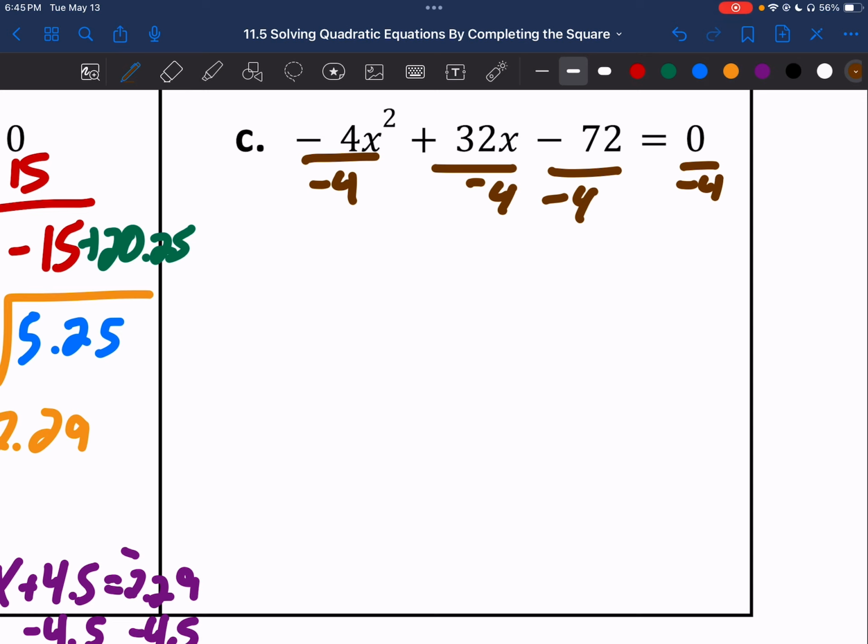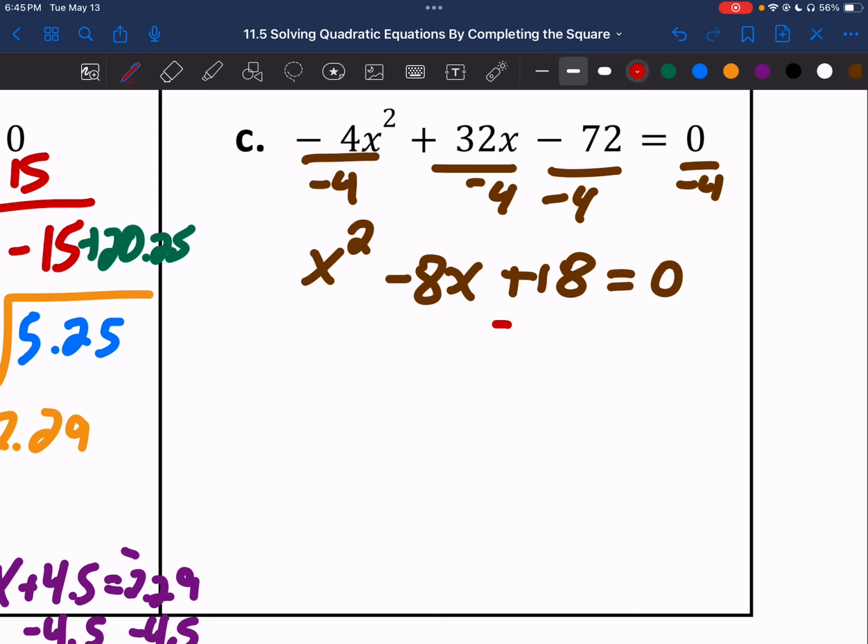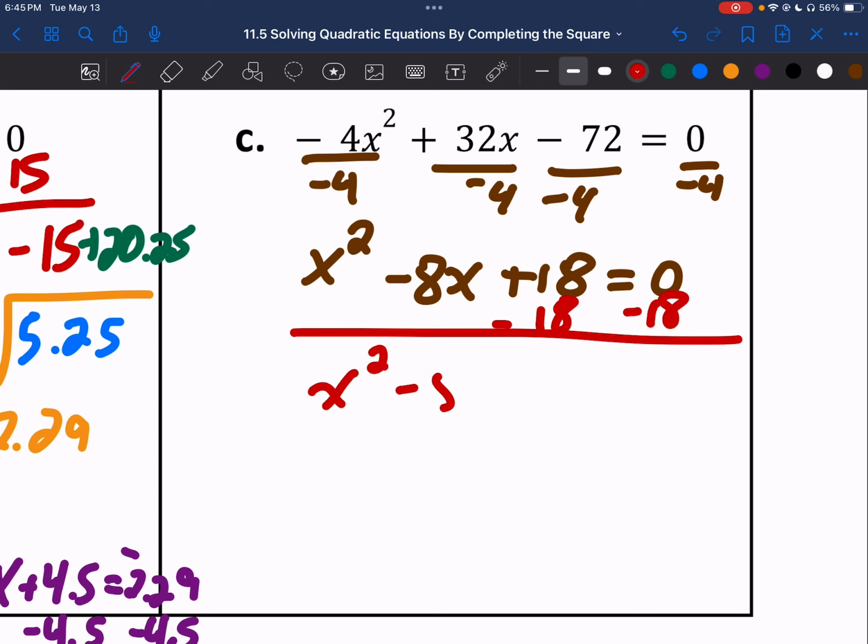Every single piece gets divided by negative 4, and I get x squared minus 8x plus 18 is equal to 0. So now we can restart with our first steps. We subtract 18 from both sides, and we get x squared minus 8x equals negative 18.